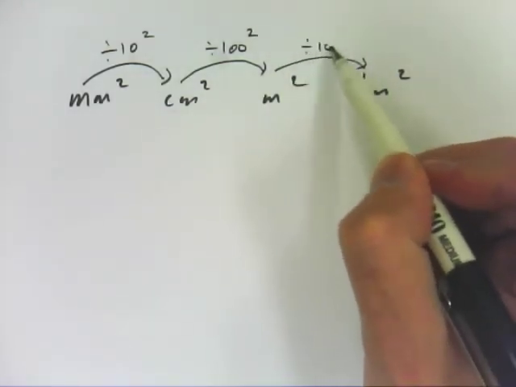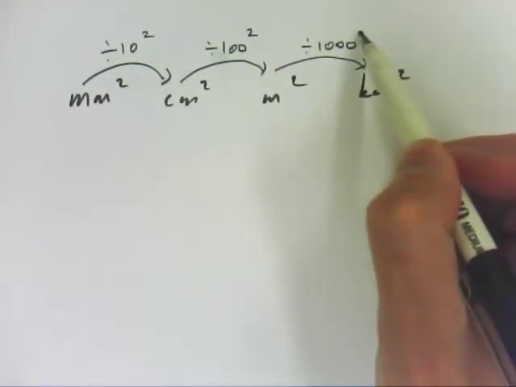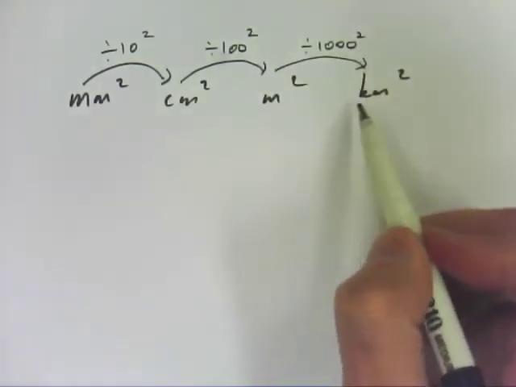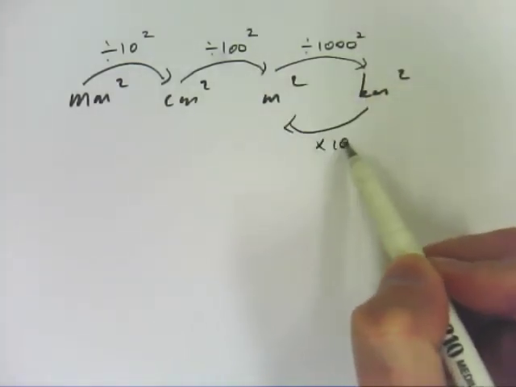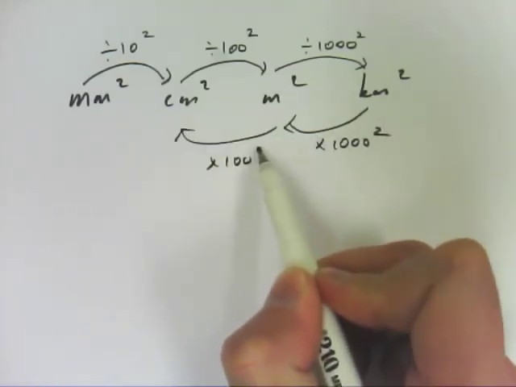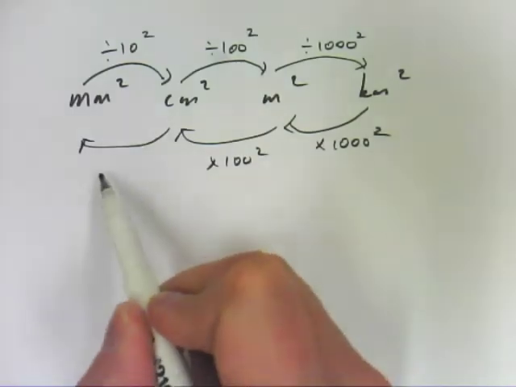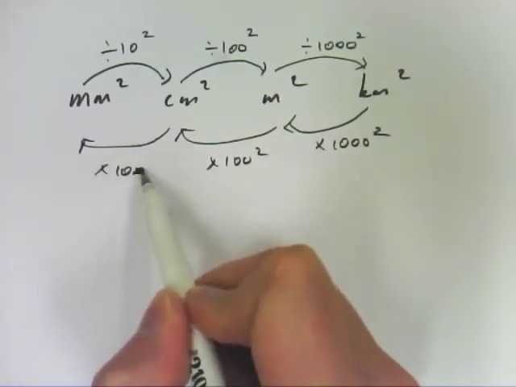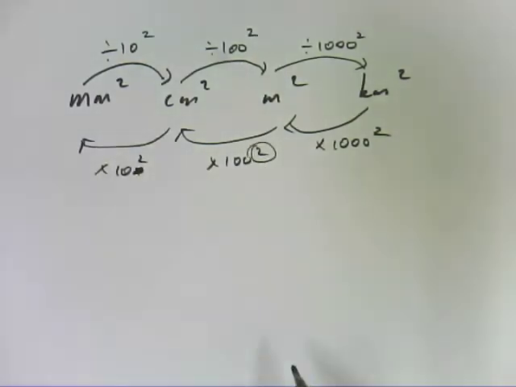You just need to remember you're doing it twice in 2 dimensions. When you're coming back, you multiply by 1000 squared, multiply by 100 squared. So it doesn't change what you're doing. You just need to make sure you do it twice. You're changing dimensions twice because you're dealing with 2 of them.